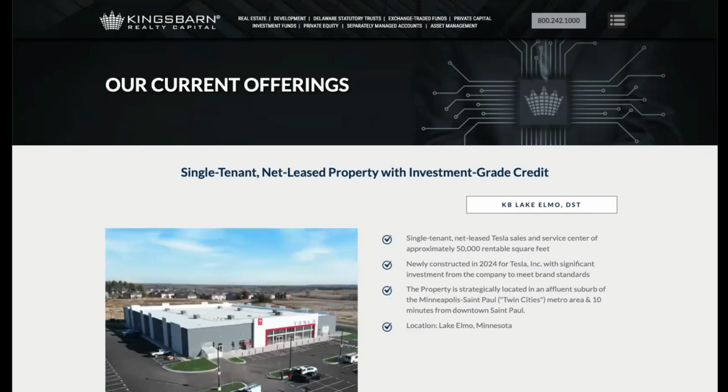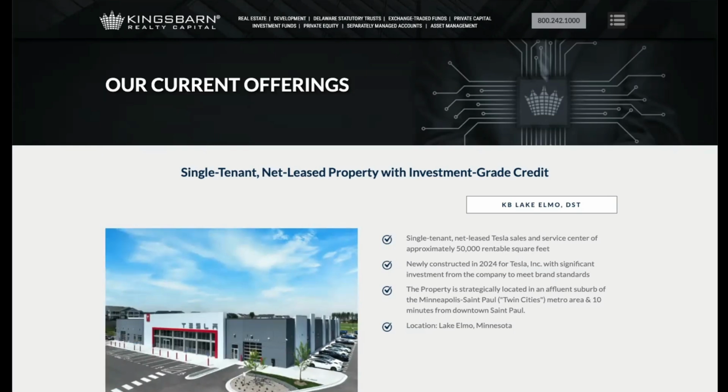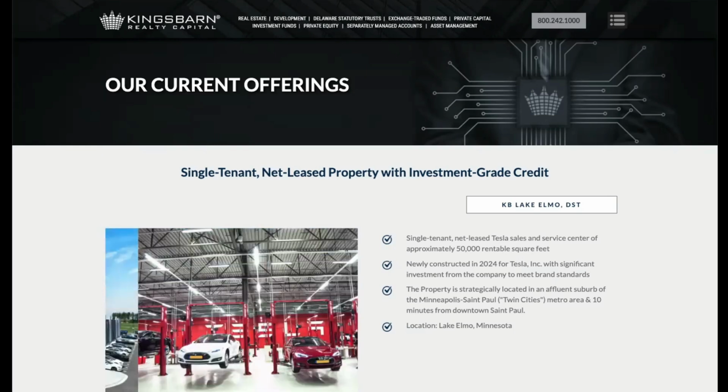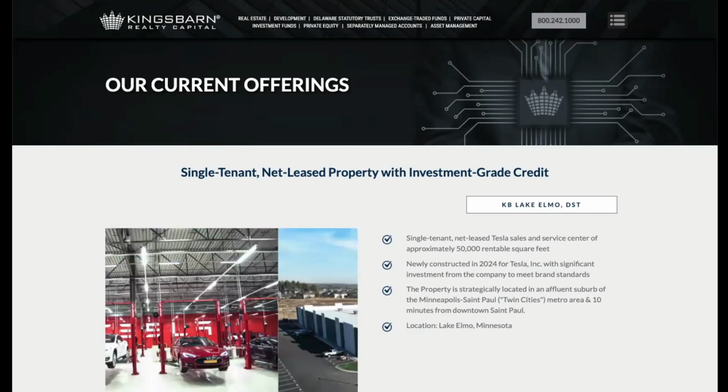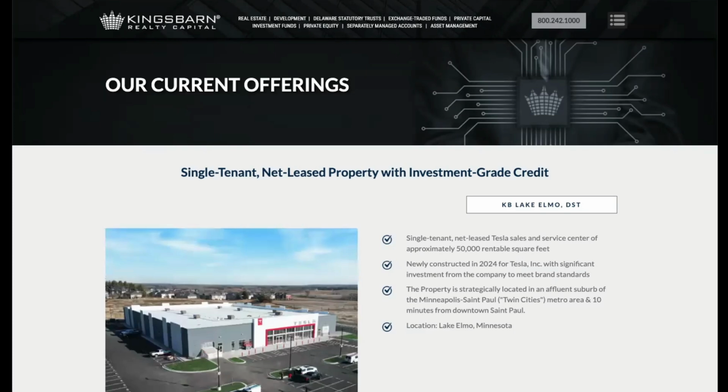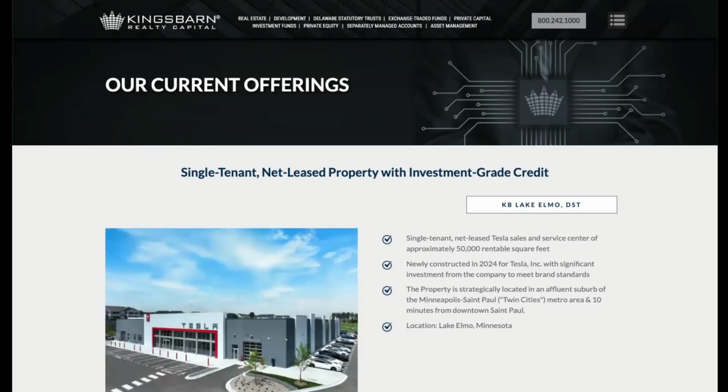So I hope you enjoyed this deep dive into DSTs. All the links are going to be down below. Share this to anyone you know who fits the profile of a senior citizen that doesn't want to own real estate anymore. They don't want to manage tenants anymore, but they want to continue receiving rental income.